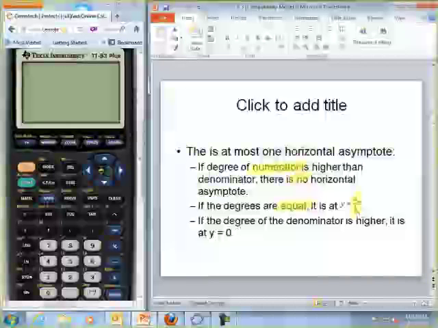We took the fraction of those numbers in front of the x's. So even if it's x squared over x squared, that rule is going to be the same. And the third possibility is if the denominator wins, then it's at y equals 0. So if the top wins, there's none. If they tie, they both get to play a part in it, taking those coefficients. If the bottom wins, it's at y equals 0.